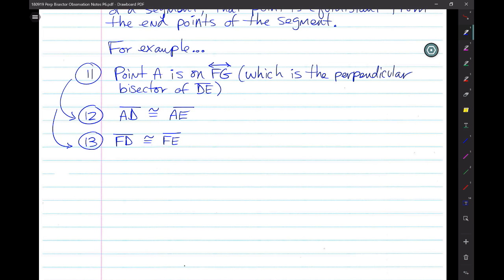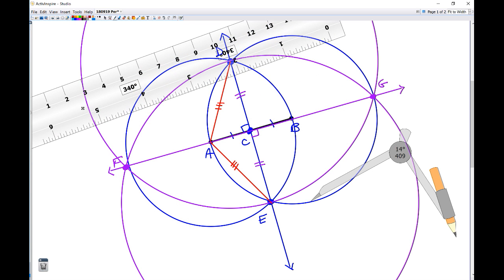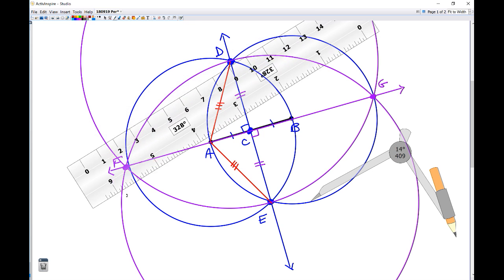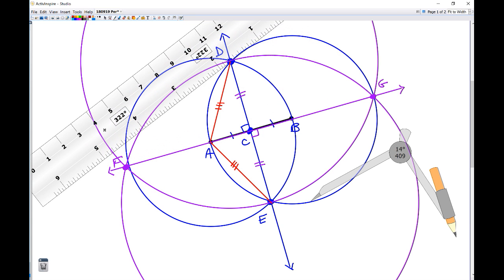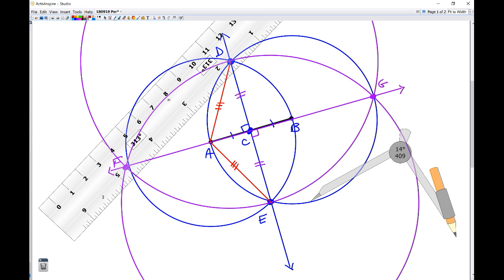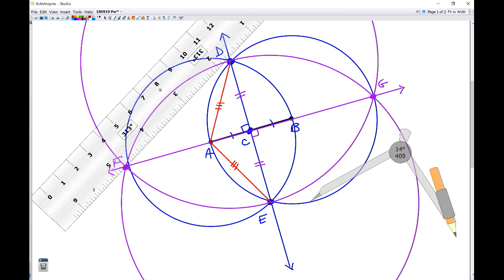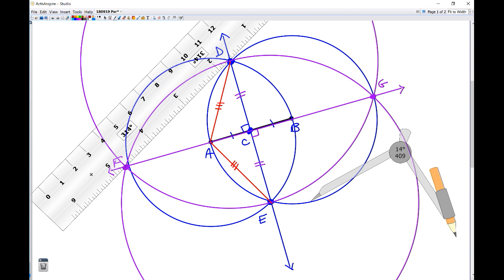So FD is congruent to FE. Let's draw those in. We need some straight lines, from F to D, and then from F to E.